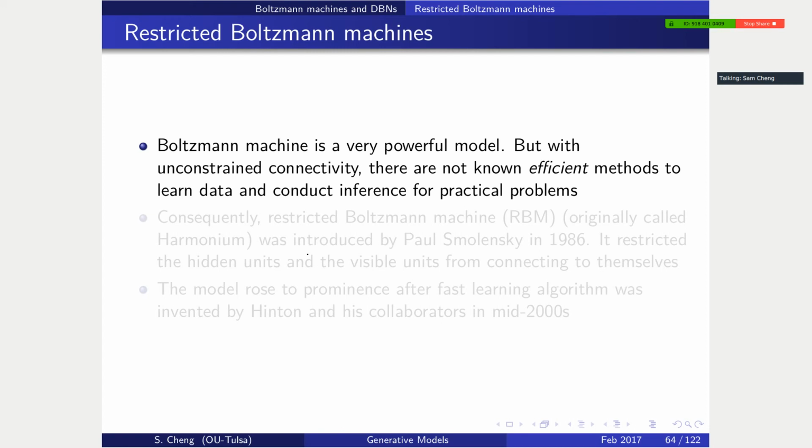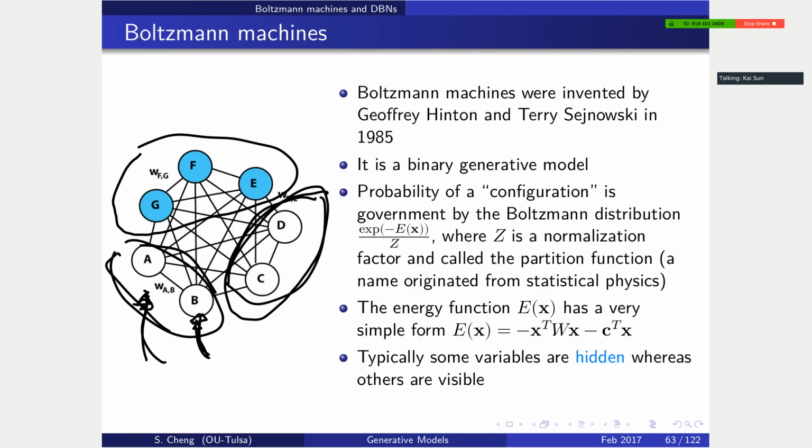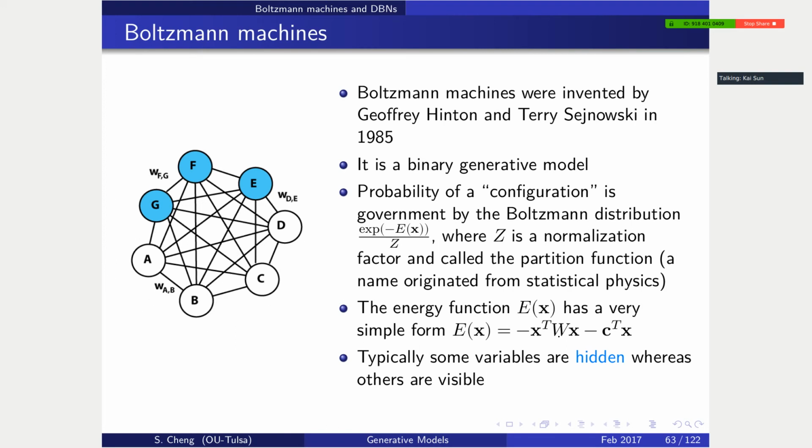So what's the size of the W? It's a matrix. X is 7 by 1, so X transpose is 1 by 7, and therefore W should be 7 by 7.